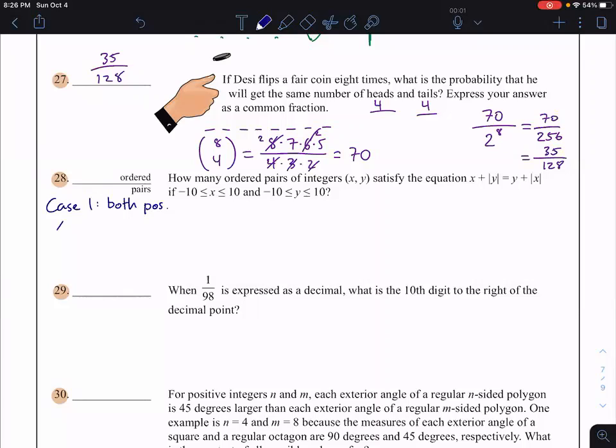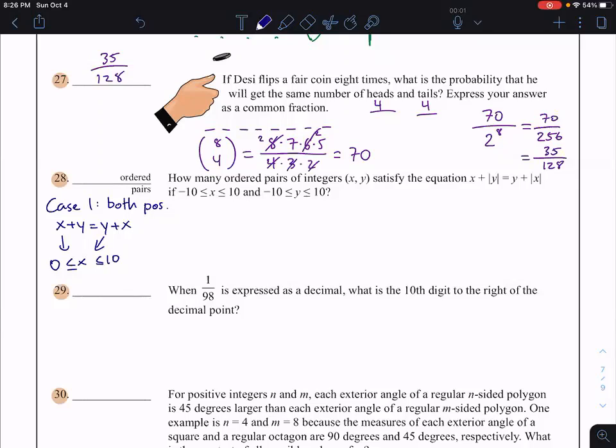So this means that x plus y will be equal to y plus x. And basically, x can be any number between 0 and 10, and y can also be any number between 0 and 10.